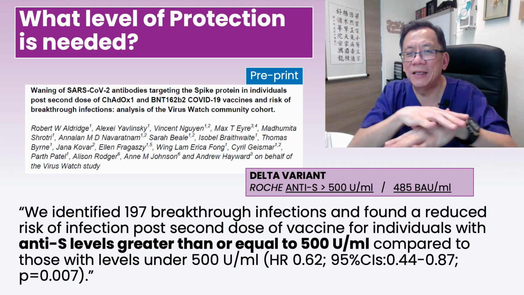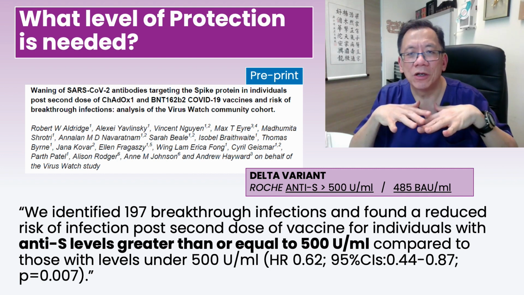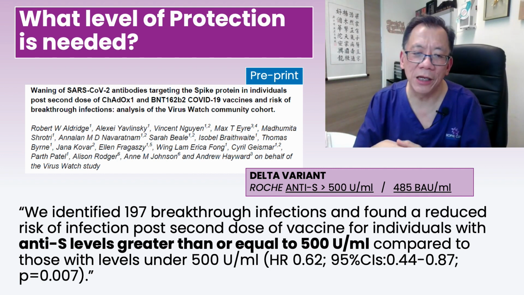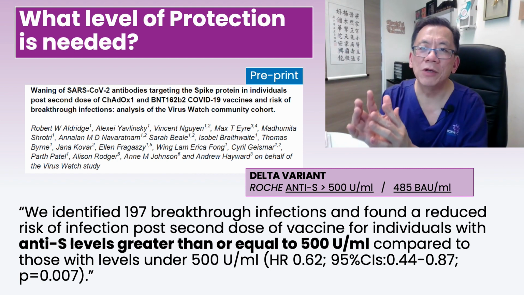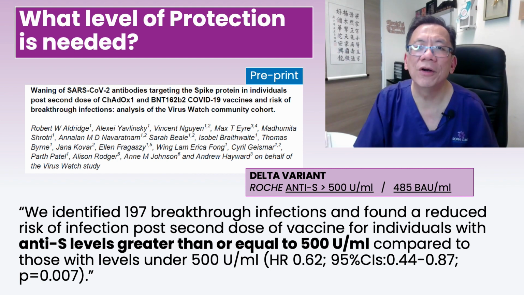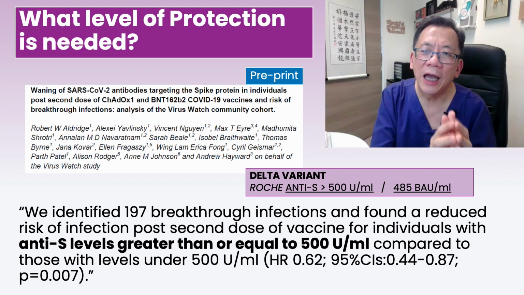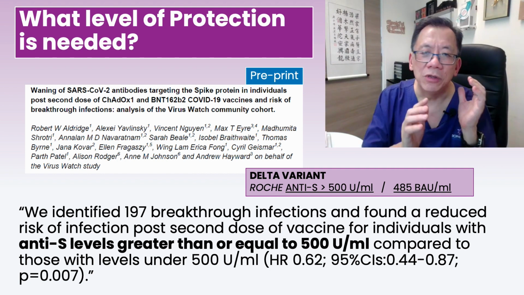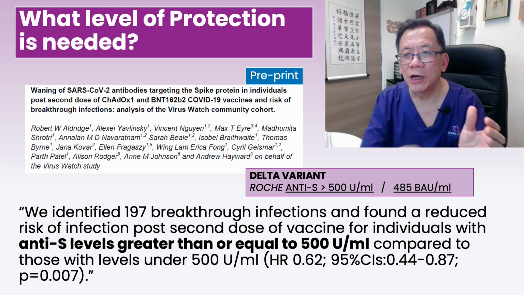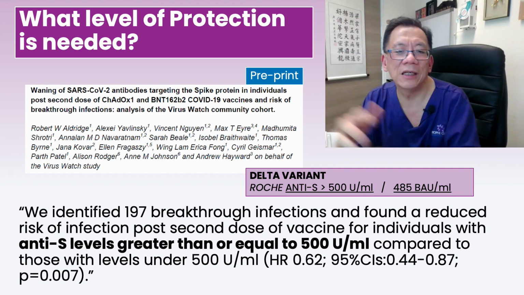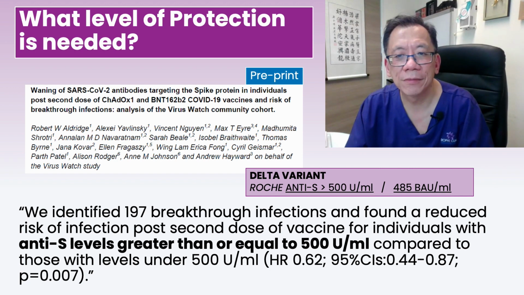You need standardization across them all, and the WHO has provided it in the form of BAU. If you use BAU as a unit, it's actually about 485. So with 500 anti-S on the Roche reading, you have good protection. If you want to translate it to BAU, which is an international standard, it's about 485.